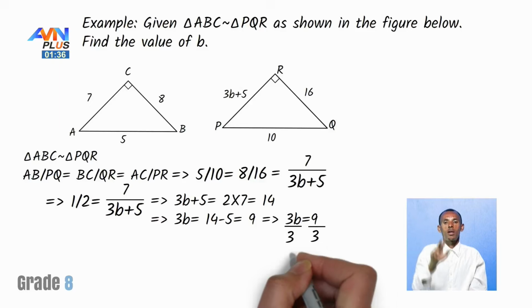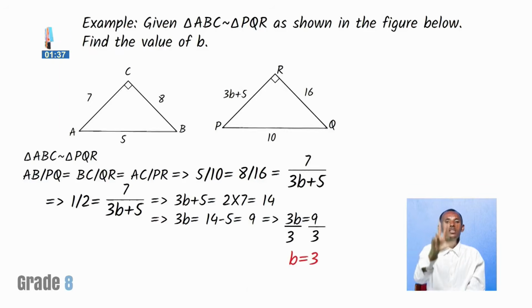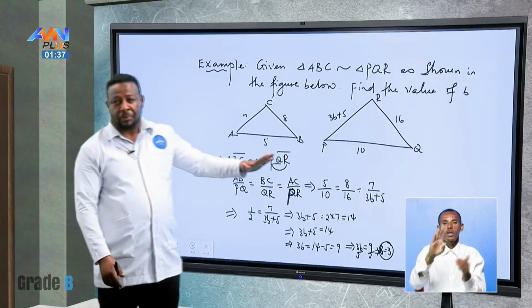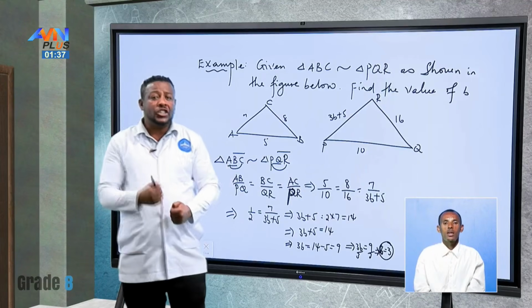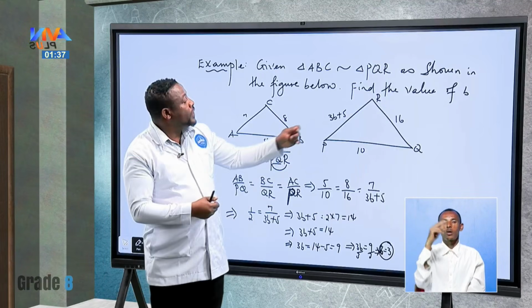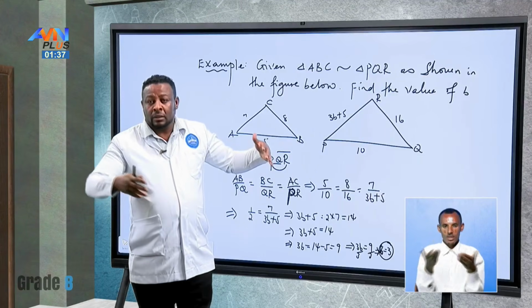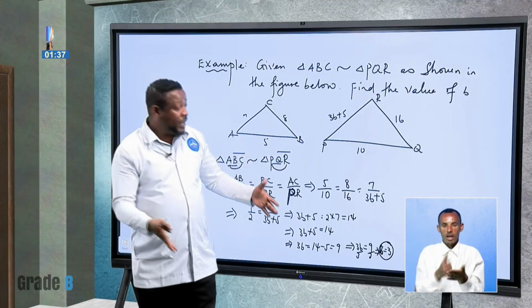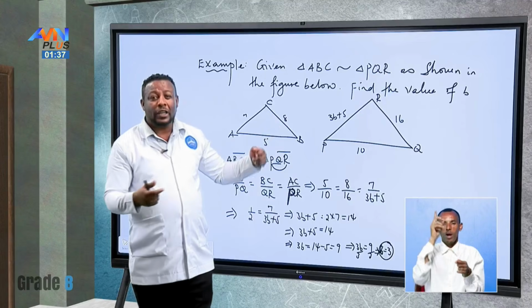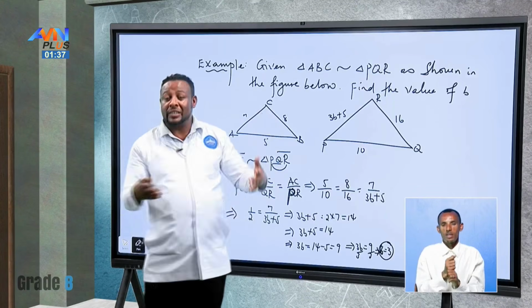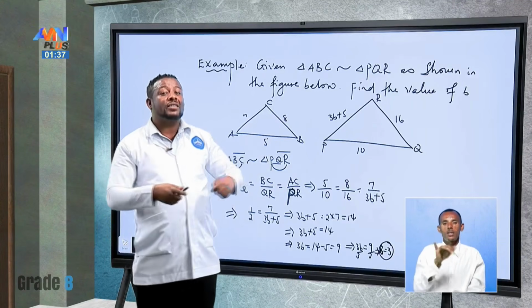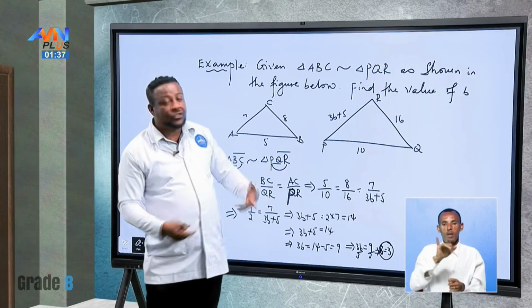So the unknown value of b here is 3. Here, you can check by taking any different value of b in this equation. If you take any other value of b, you cannot find that the two triangles are similar. These two triangles are similar only whenever b is 3.